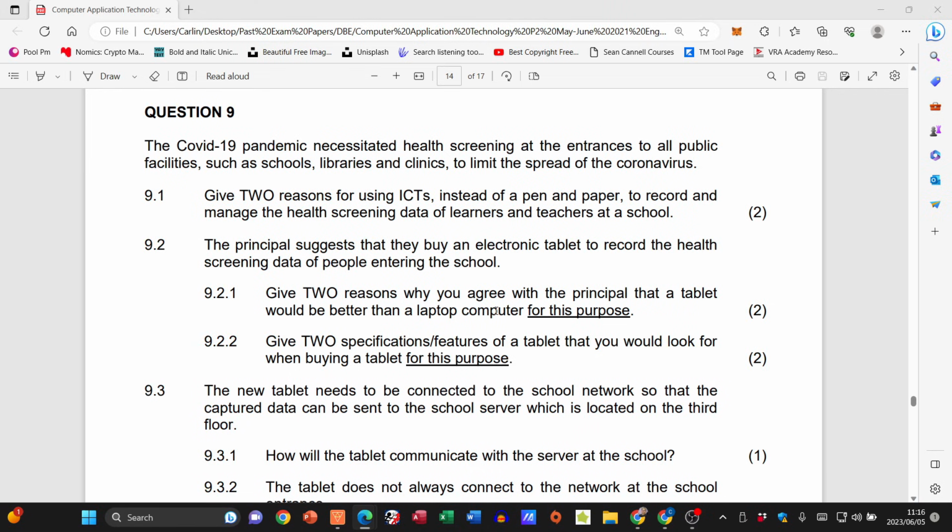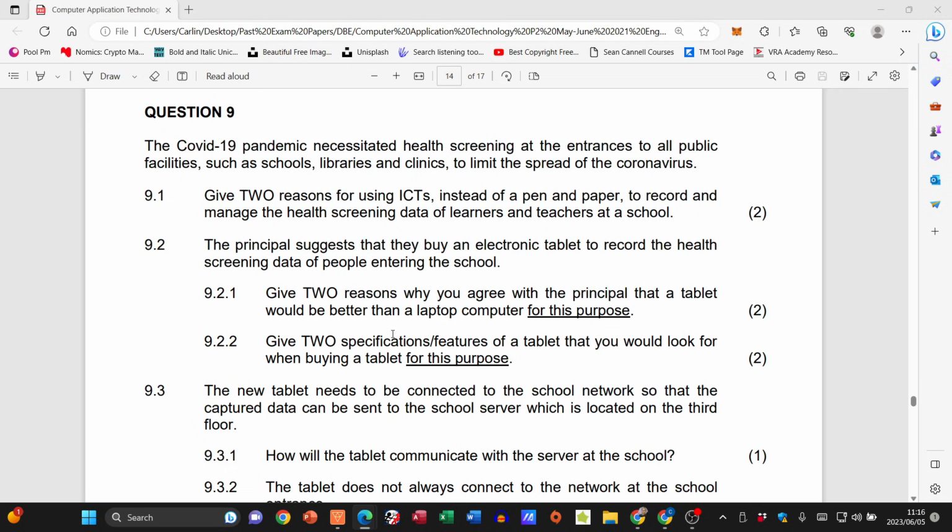I mean, you can use QR codes if you want to scan that. Tablets are easier to sanitize than sanitizing your laptop. Yeah, good luck with that. And low-end laptops are going to be more expensive than a low-end tablet. Okay? And for that matter, you could even use a smartphone or something like that. So that's why you would definitely agree with your principal in this regard.